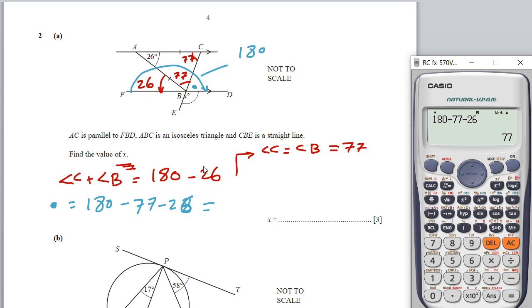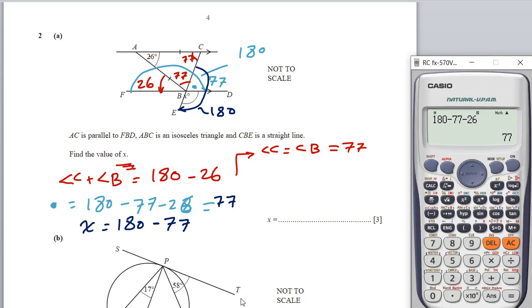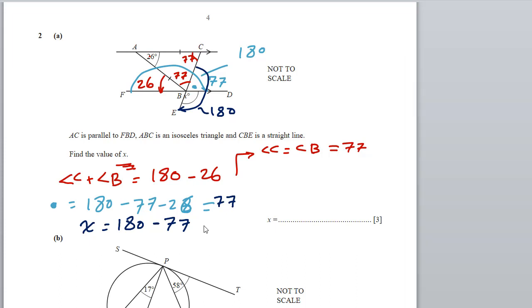So this angle also is 77. And now this total line here is 180. So x is equal to 180 minus 77, so x is equal to 103. Okay.